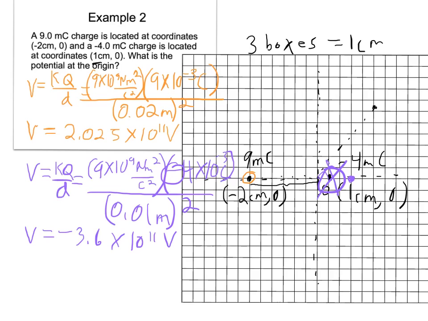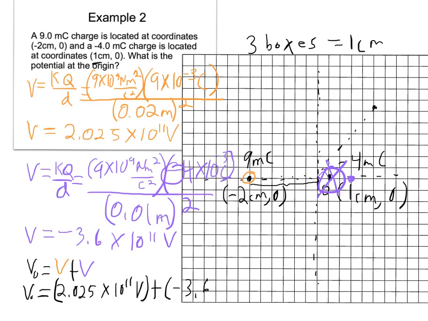And then I simply add the purple and the orange to get my total voltage. So the voltage at the origin would be the orange one plus the purple one. My voltage at the origin is equal to 2.025 times 10 to the 11th volts plus negative 3.6 times 10 to the 11th volts.